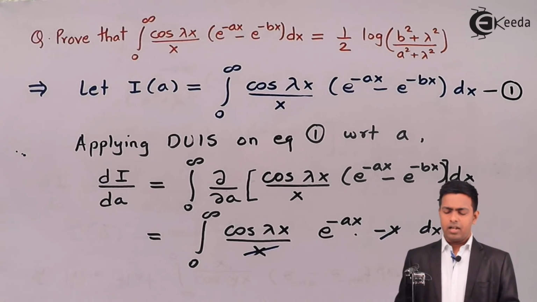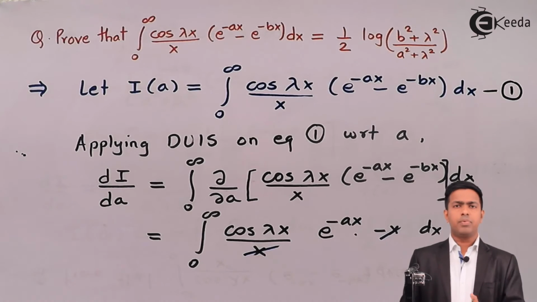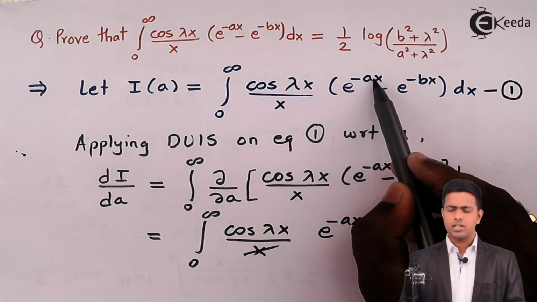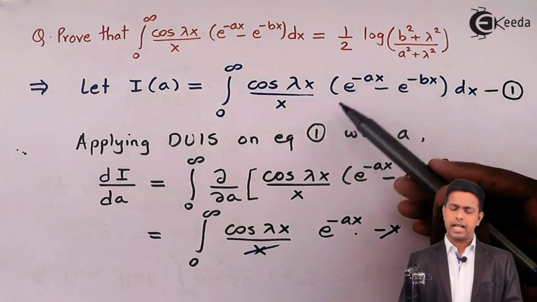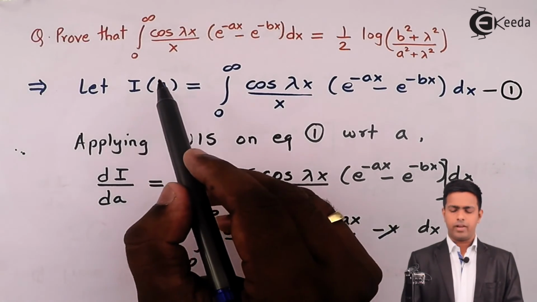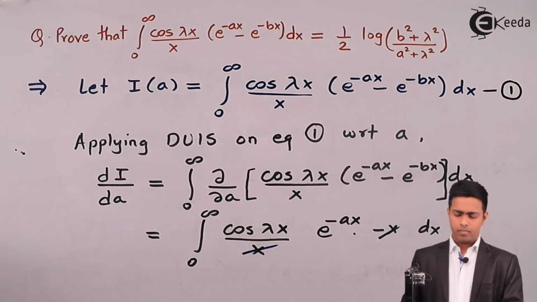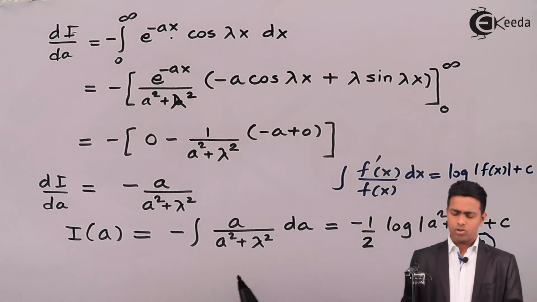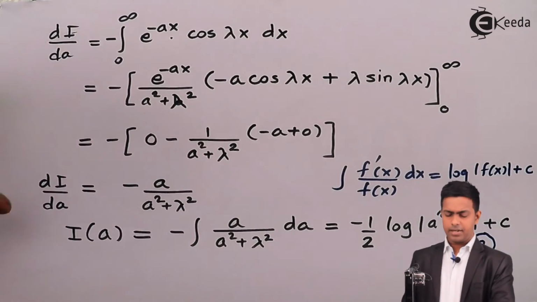So guys, here we will put a as b. By substituting a as b, here we will get e raised to minus bx, and e raised to minus bx will be cancelled. Here we will get 0, and I of a will become 0. And similarly we can put here a as b, so here also we'll get a finite value. So let's start.